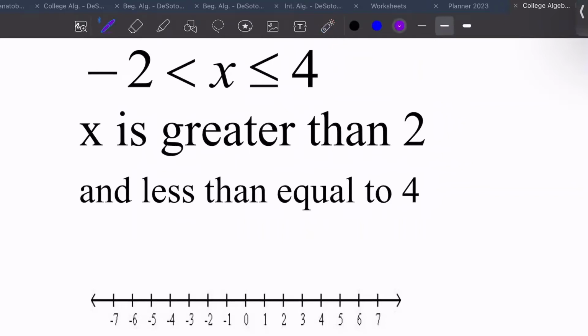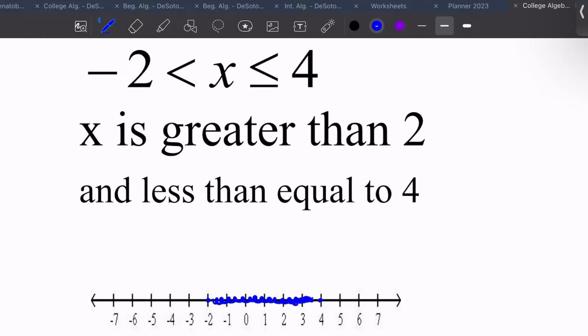Okay. So we have -2, which is right here, and we have 4, which is right here. X is greater than -2 means that we're looking at all of these numbers, right? And x is less than or equal to 4. So we're looking at these numbers.